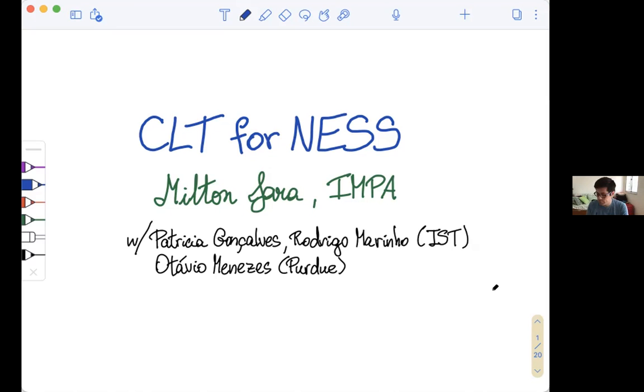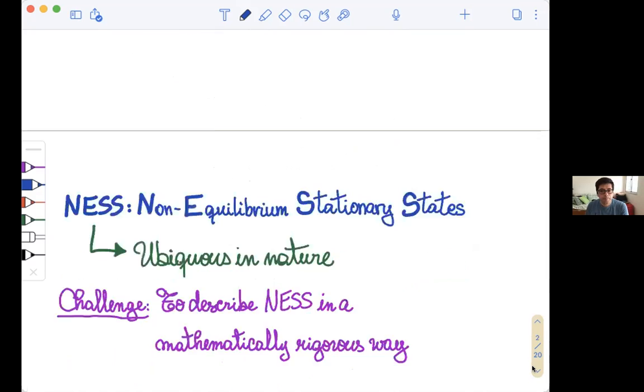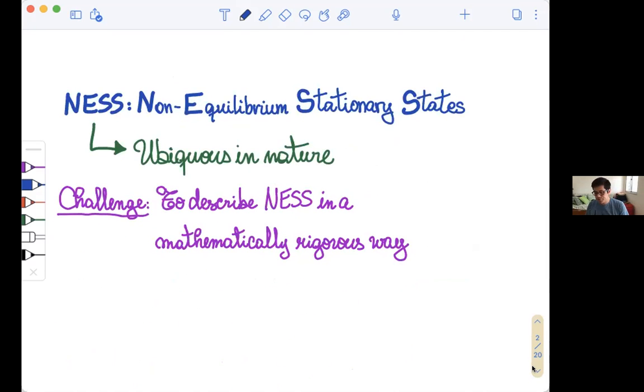So NESS stands for non-equilibrium stationary states. Okay, so what is a non-equilibrium stationary state? It's not something which is actually well defined from a mathematical point of view, not even from a physical point of view.